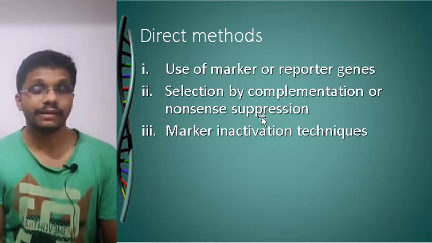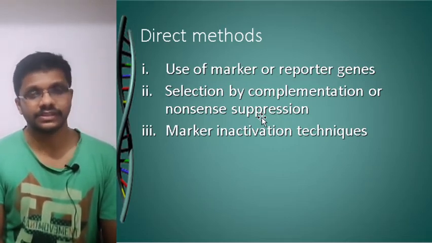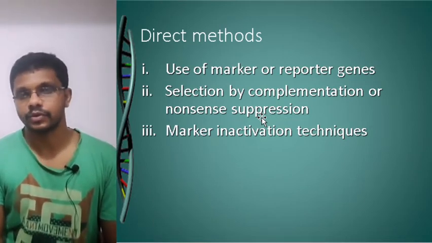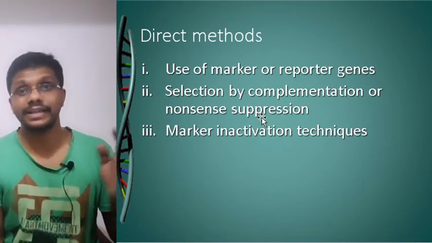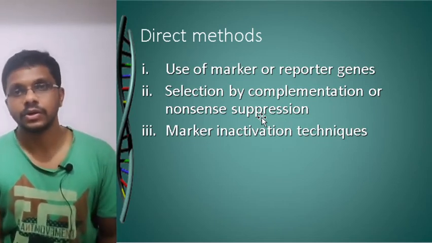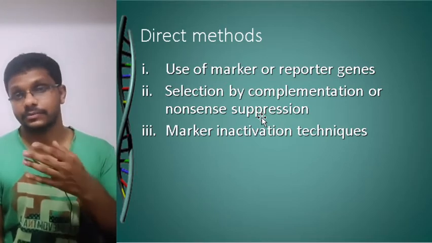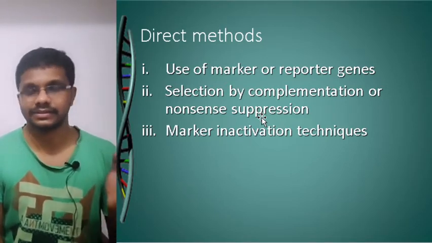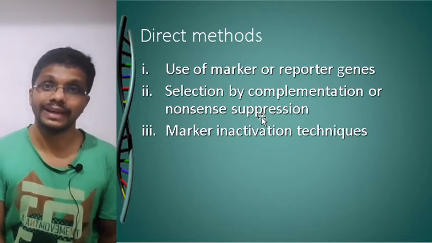Our plasmid will have a gene, and this will be expressed in the cell which has taken up the DNA. If it has an antibiotic resistance gene, it will be expressed by the host organism once it gets the plasmid. Or if it has a lacZ gene, it will express that protein. So based on the expression of a marker gene, we are selecting the particular cell. That type of selection is called direct selection.